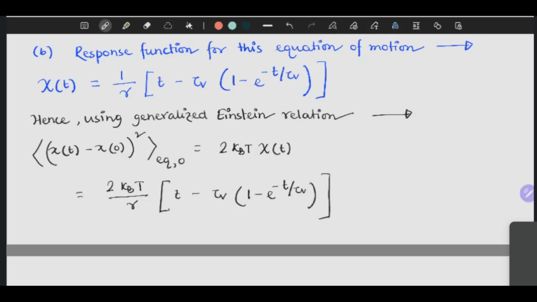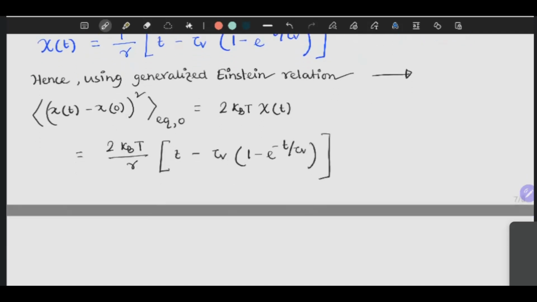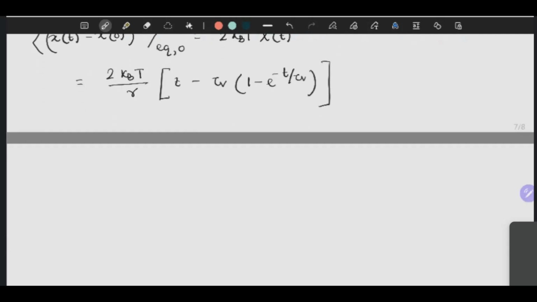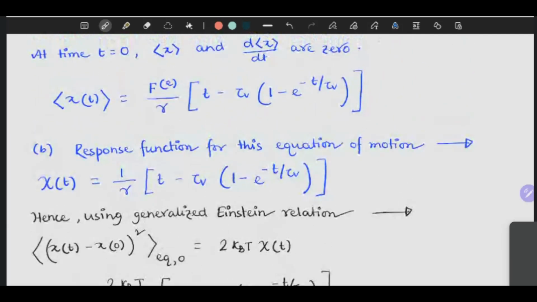Okay, so now let's say this is equation 2.